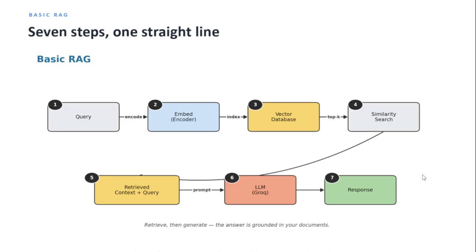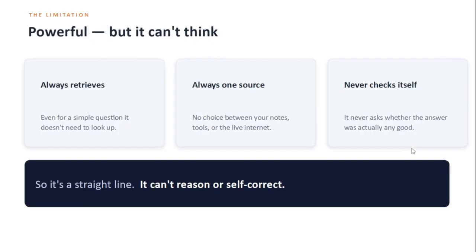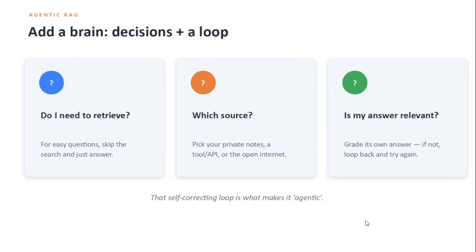But it never verifies whether the answer given by the LLM is right or wrong, and it will always refer to the same database. That's the bottleneck of RAG, and that's why agentic RAG came along, to analyze the answer given by the LLM.